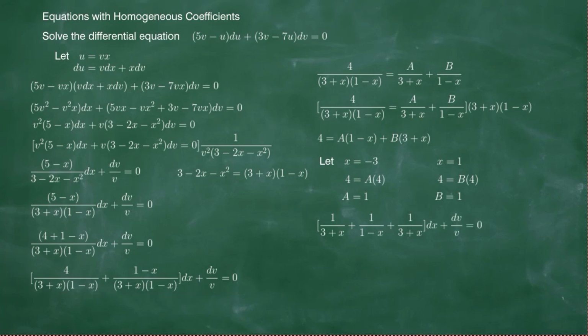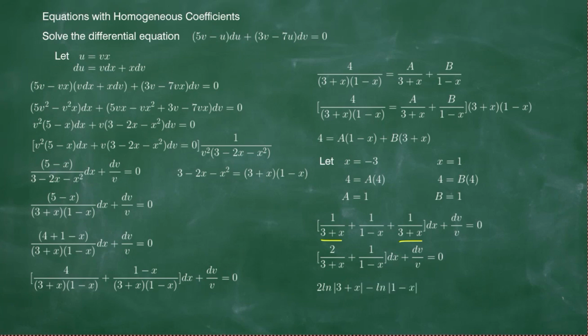Then we can still combine this plus this, and we get 2 over (3 + x), and then copy the rest, 1 over (1 - x) dx plus dv over v equals 0. Okay, so now we can integrate, and the integral of the first term, 2 over (3 + x), is just 2 ln(3 + x). The integral of the next term, 1 over (1 - x), is negative ln(1 - x), plus ln v equals C, or we can write ln c.